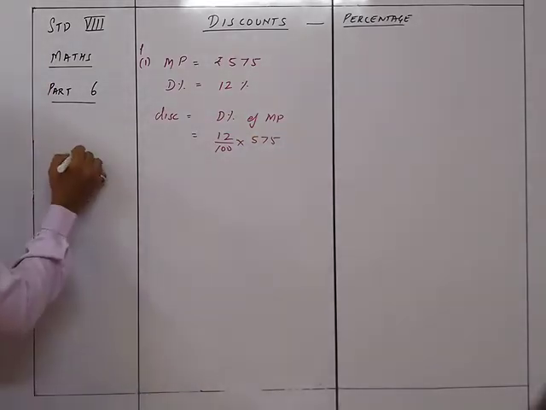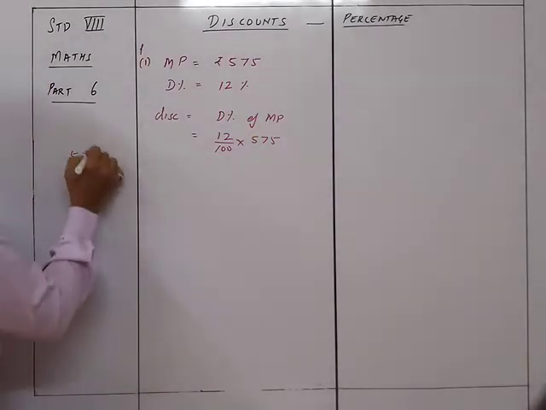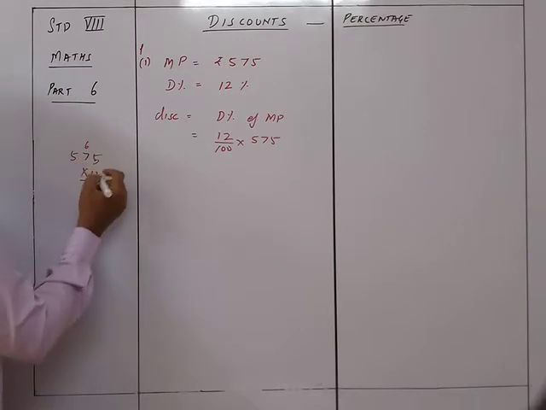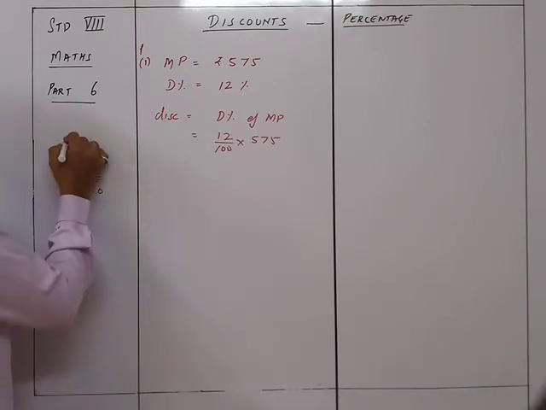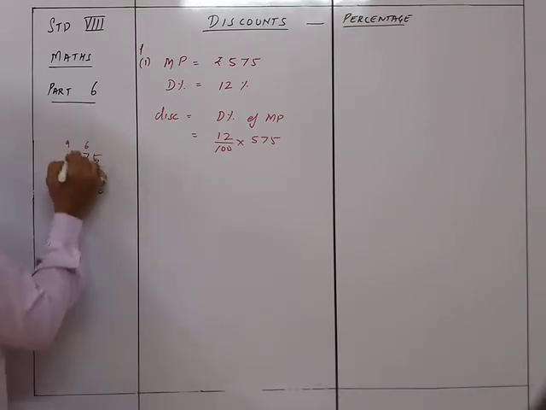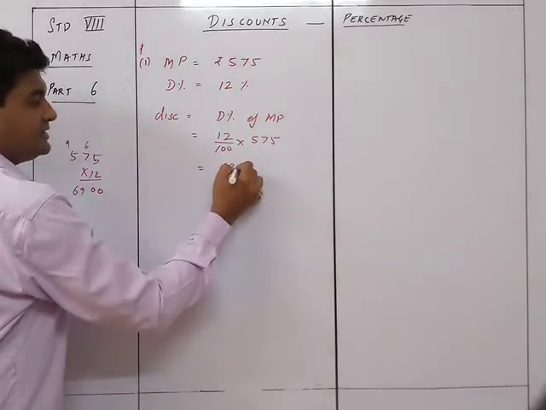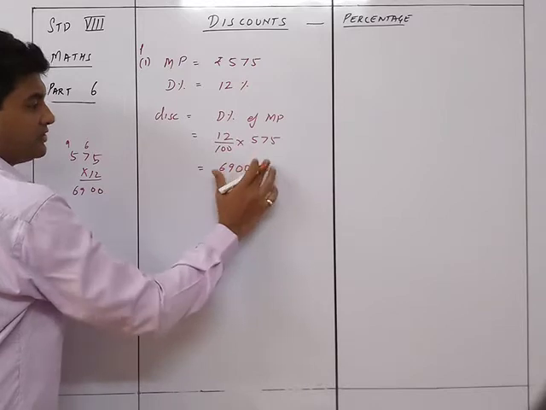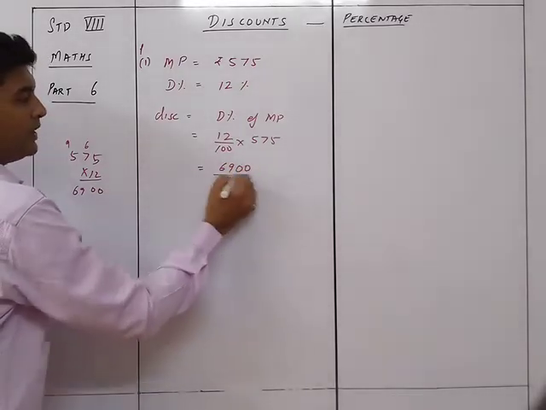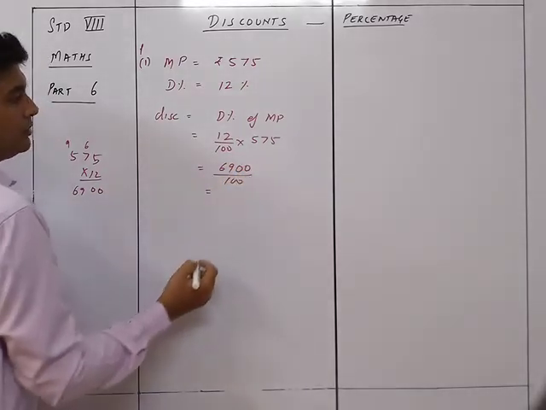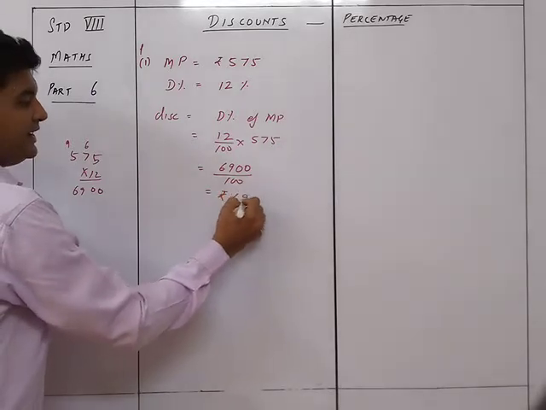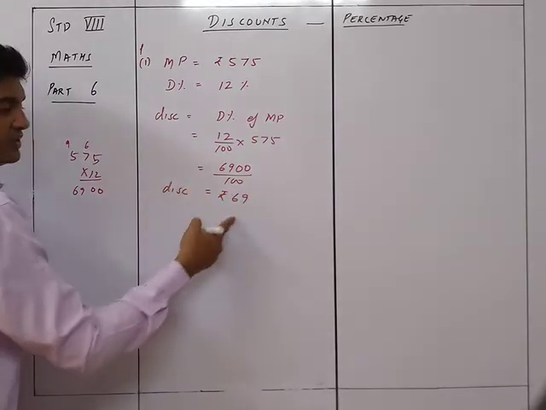So 575 into 12: 12 times 5 is 60, 12 times 7 is 84, plus 6 is 90, and then 12 times 5 is 60, plus 9 is 69. So it will be equal to 69000 upon 100. That is going to be rupees 69, the discount. So discount is equal to 69 rupees.